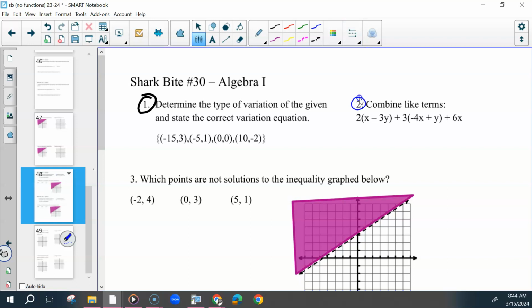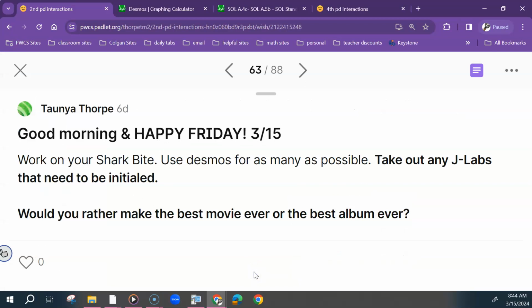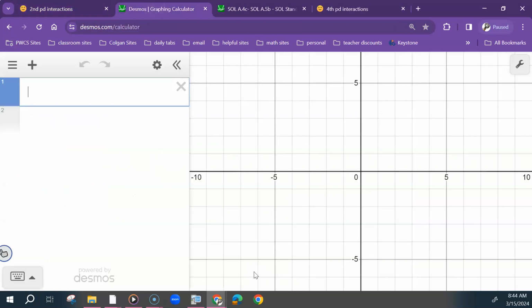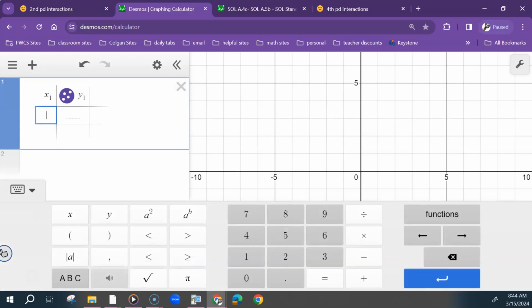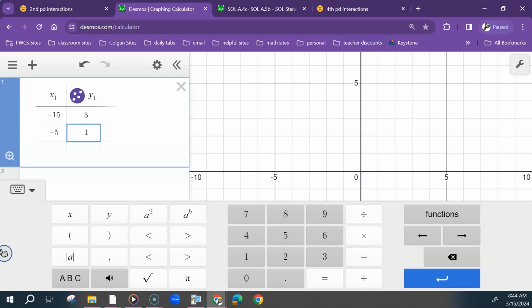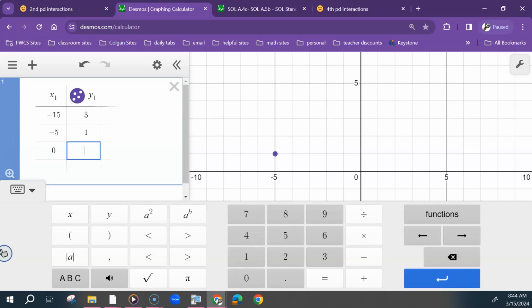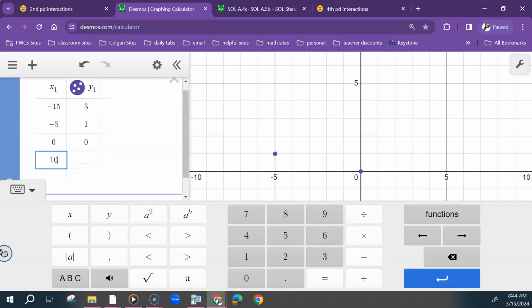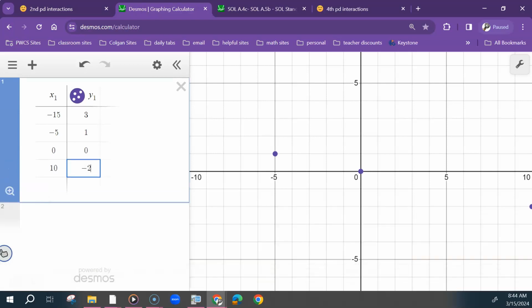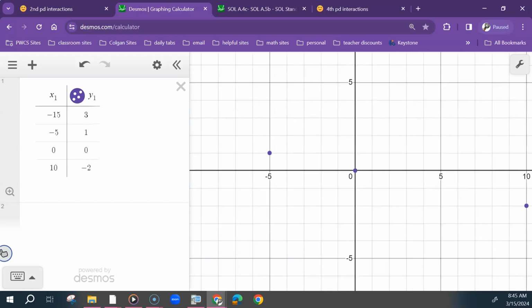Okay, for number 1, if I put all of these points in a table, and I look at all of these, I see that this starts to make a line.